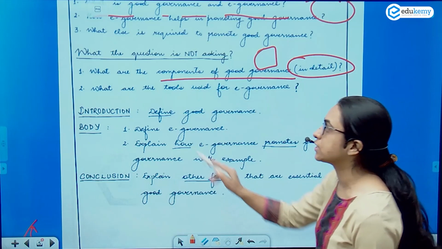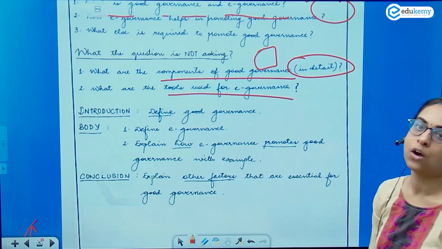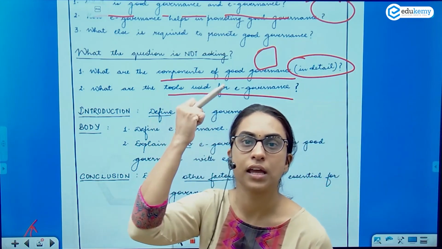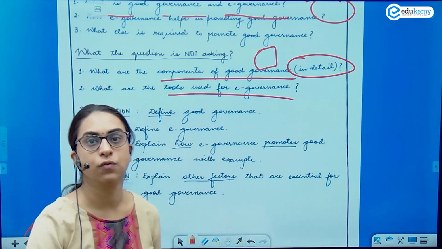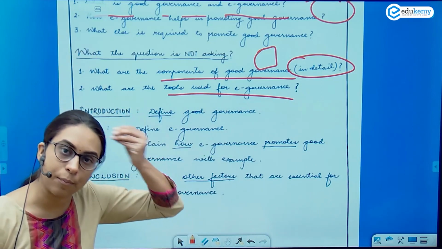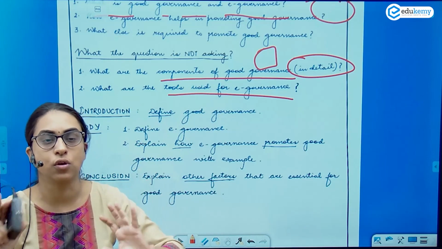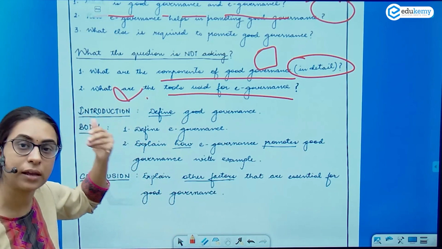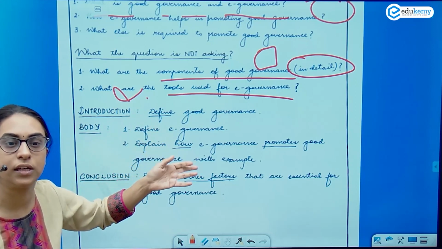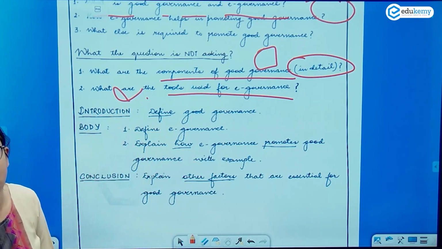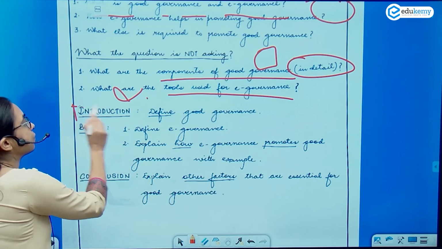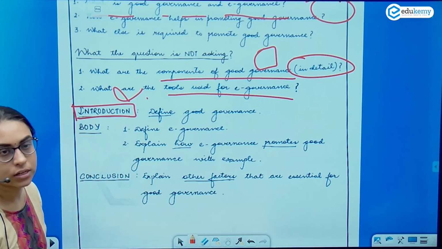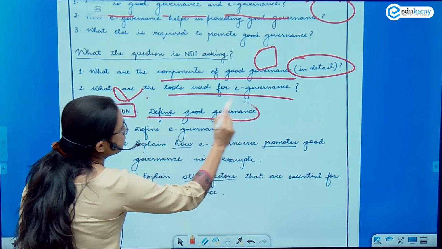It is also not asking what the tools used for e-governance are. What happens is that people will simply write the parameters of good governance, or they will completely skip them. You will have to make a mix of it. And the tools of e-governance are not asked. They will simply write B2B, B2C, B2G. That is something that has not been asked. How do you introduce? The introduction is to define good governance.